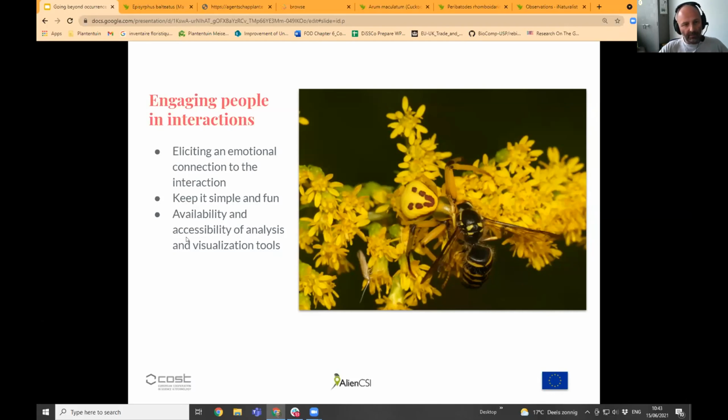And we thought a lot about how we would try and encourage citizen science to collect those kinds of data, and eliciting emotional connection to the organisms was very important to that. Keeping it simple and fun, which is a common thing within citizen science. And also providing tools for citizens to make visualizations of networks, we felt, was quite important as well.